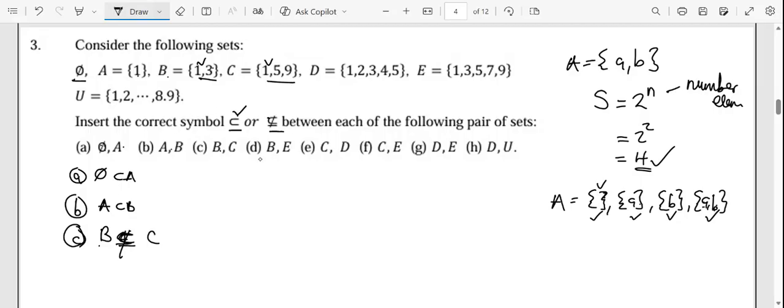Okay, let's go to this one now. Then the rest you do. Tell me what will happen between B and E. Always a set is a subset of the universal set. Is that okay?